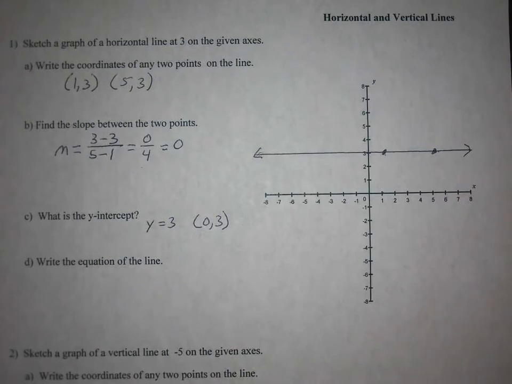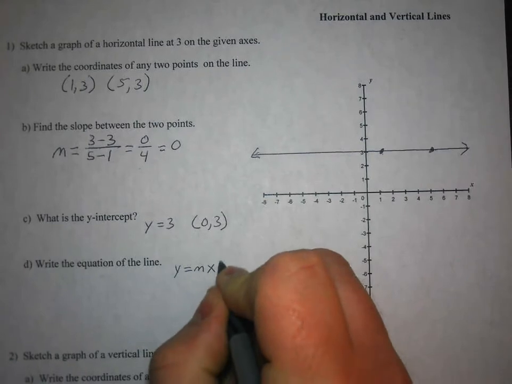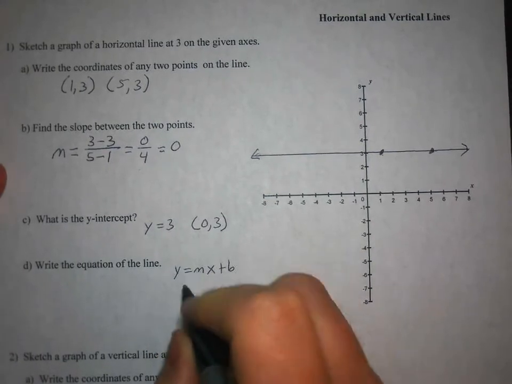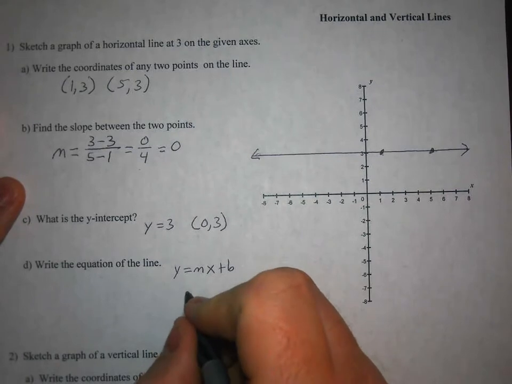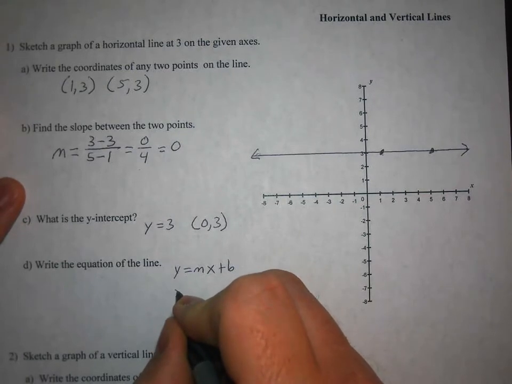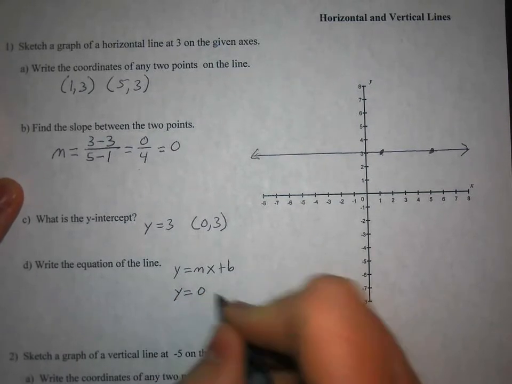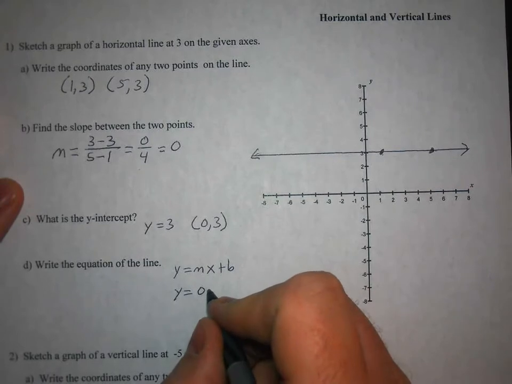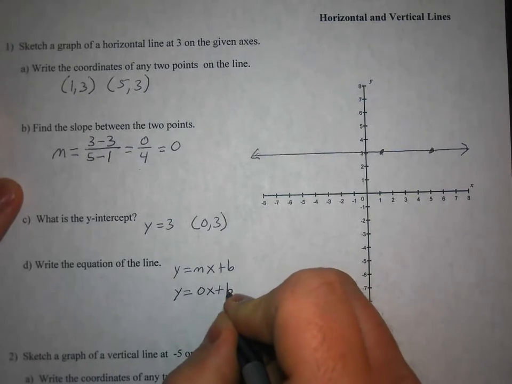So when we write the equation of the line in y equals mx plus b form, we know that y equals, the slope is 0, times x, and then plus b.